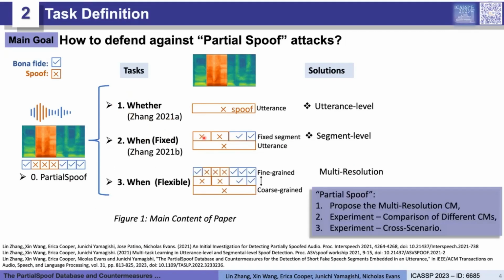Thus, in this paper, we propose a more flexible multi-resolution countermeasure to explore segment-level detection at different resolutions. In summary, our new paper includes three parts: we proposed the multi-resolution countermeasure and have done several experiments on that.